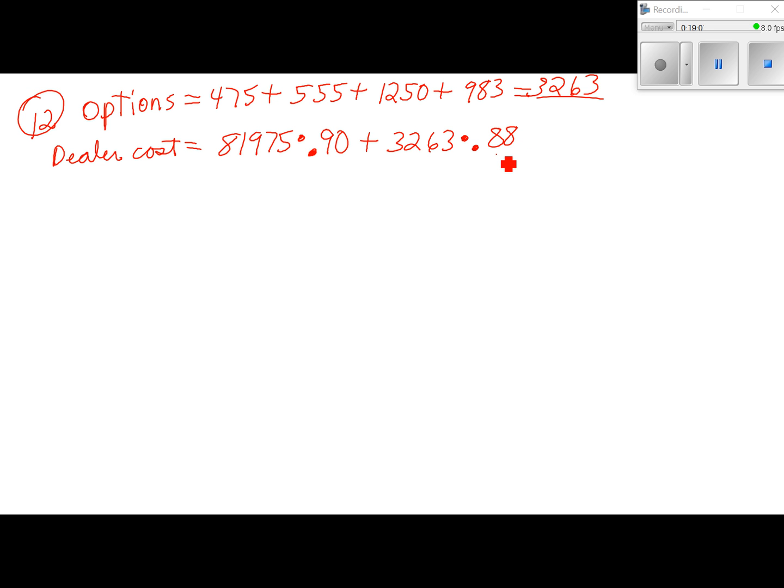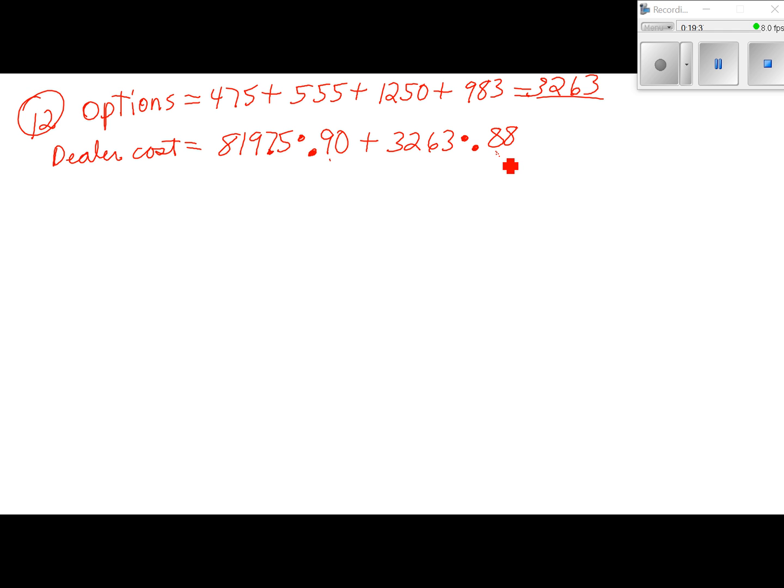So remember what this is saying is that the dealer, if they're getting charged 90% of the base price, then that means they make 10% of that base price. So if we multiply this by 0.10, that means the dealer is making about $8,197 off of that base price.